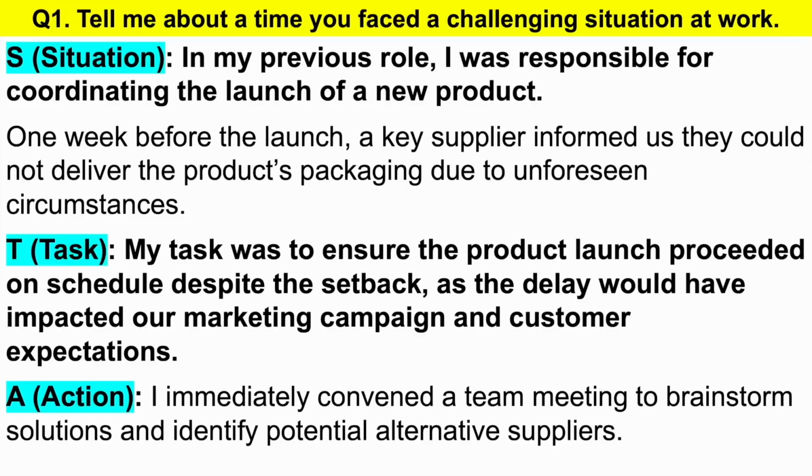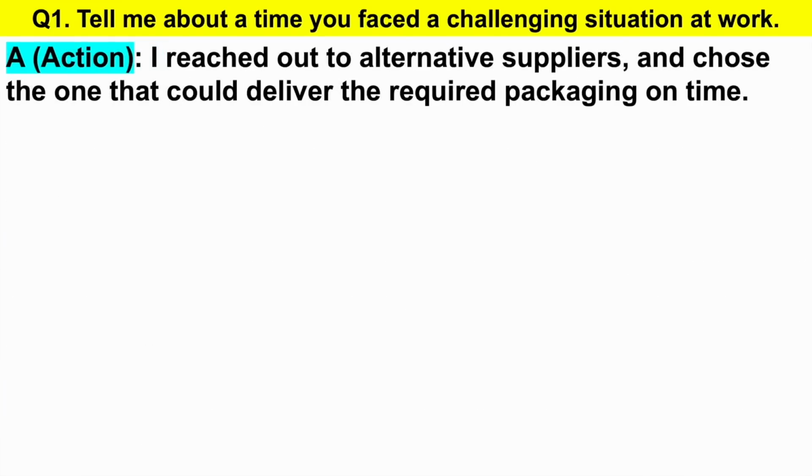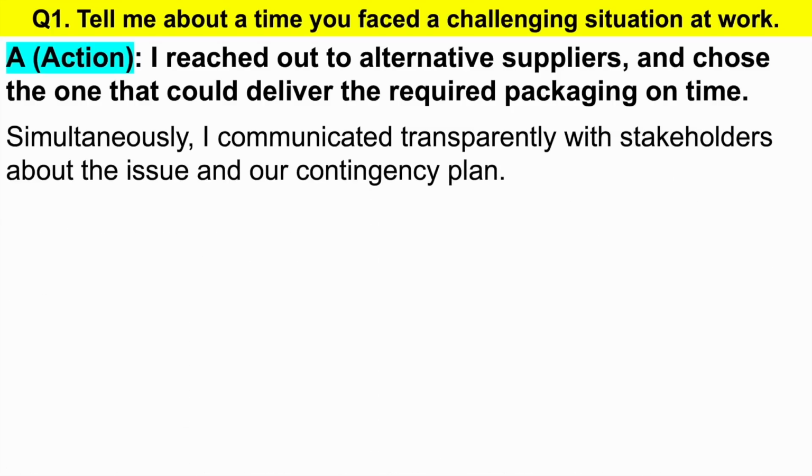I immediately convened a team meeting to brainstorm solutions and identify potential alternative suppliers. I reached out to alternative suppliers and chose the one that could deliver the required packaging on time. Simultaneously, I communicated transparently with stakeholders about the issue and our contingency plan.